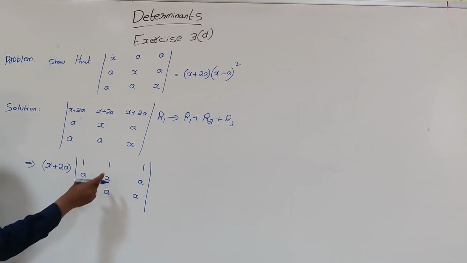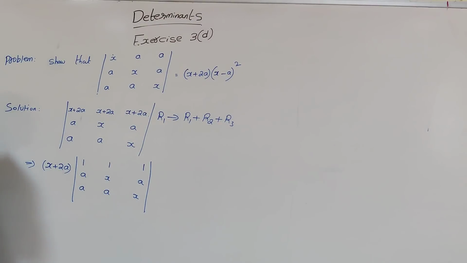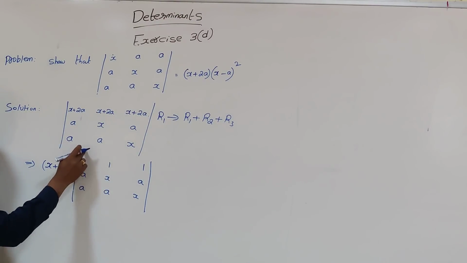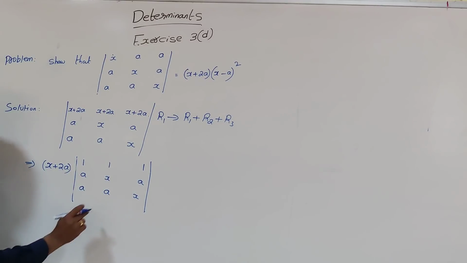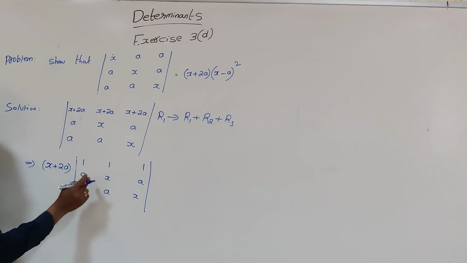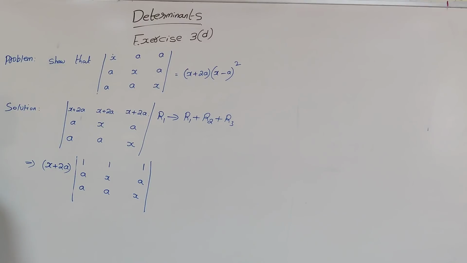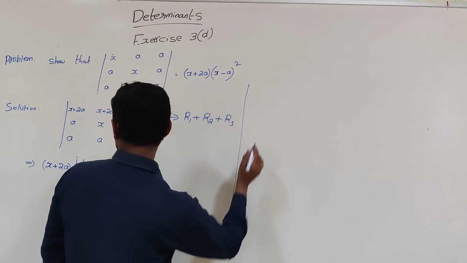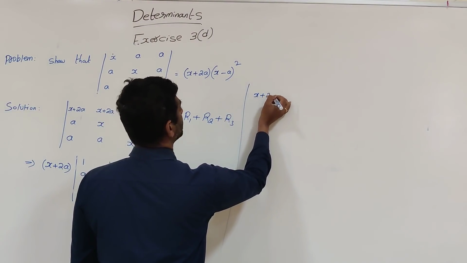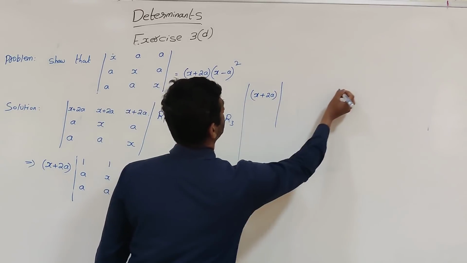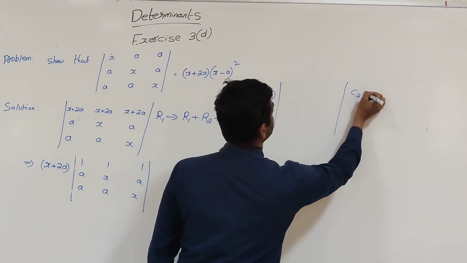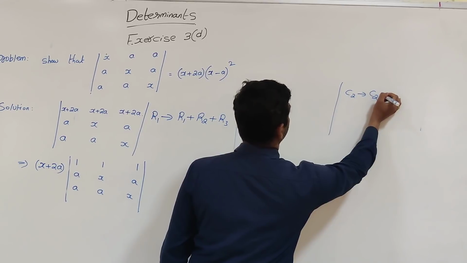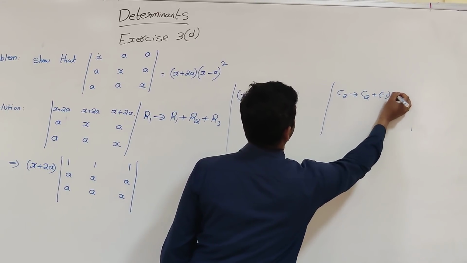Now observe the elements of column 2. In the first column, the first element is 1. In the second column also it is 1. We can convert it into 0 by using a column operation. X plus 2a into, so what is the operation? C2 is replaced with the elements of C2 added with minus 1 times of C1.